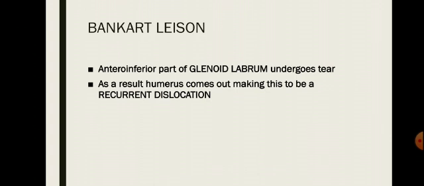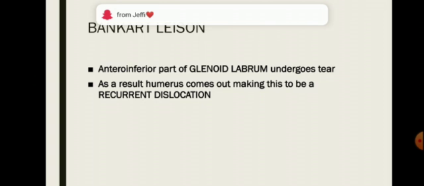In this dislocation, particularly we can say the Bankart lesion. Here the glenoid labrum will undergo a tear in the antero-inferior part. Via this, the humerus comes out, and this will occur recurrently. By pushing the head of the humerus, it will get back into its normal position, as with a hernia.